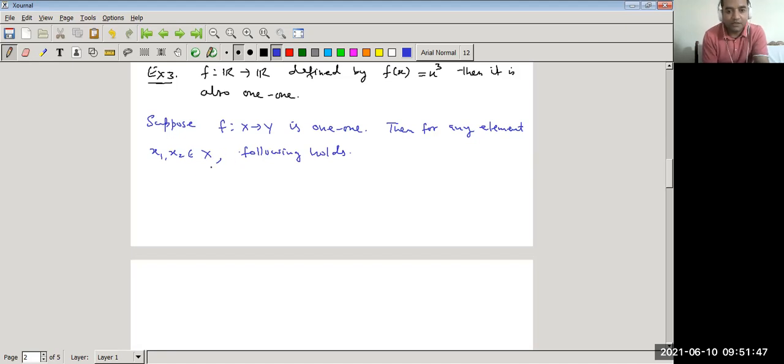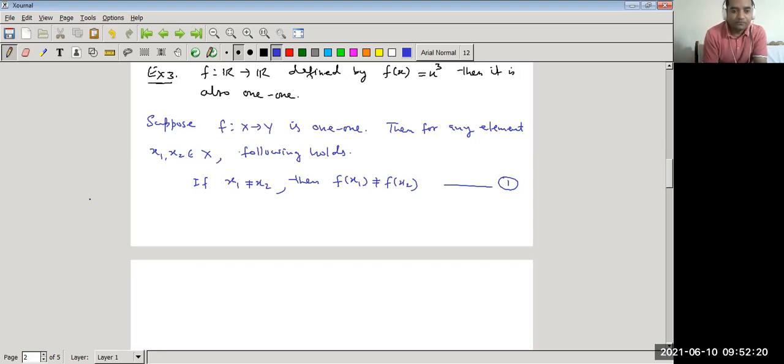What is the following condition? If x1 is not equal to x2, then f of x1 is not equal to f of x2. Let this be 1. So if f from X to Y is a 1-1 function, then for any elements x1, x2 belongs to X, if x1 is not equal to x2, then f of x1 is also not equal to f of x2.